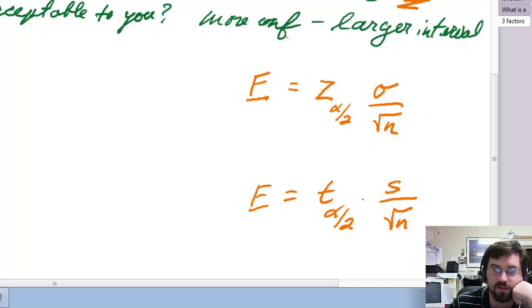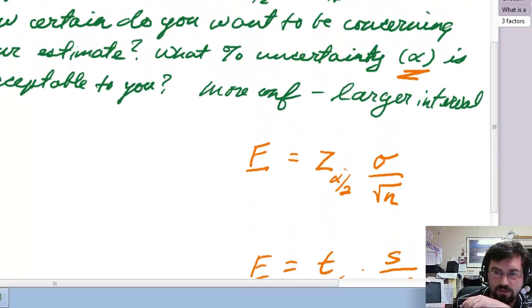Okay, anyways, so you have one of these two formulas that you use, and I'll explain on other videos which one you use when. Okay, that's not really what I want you to see here. I want you to see that if Z alpha over 2 is big, E gets bigger, right? It's a direct relationship because I'm multiplying here. The bigger Z is, the bigger this result is, and the bigger E is.